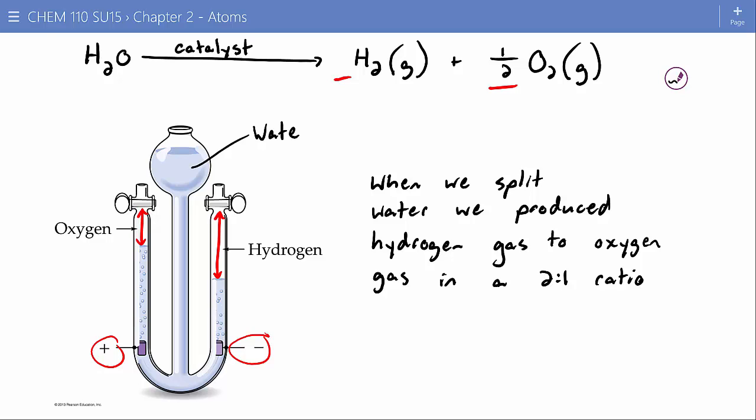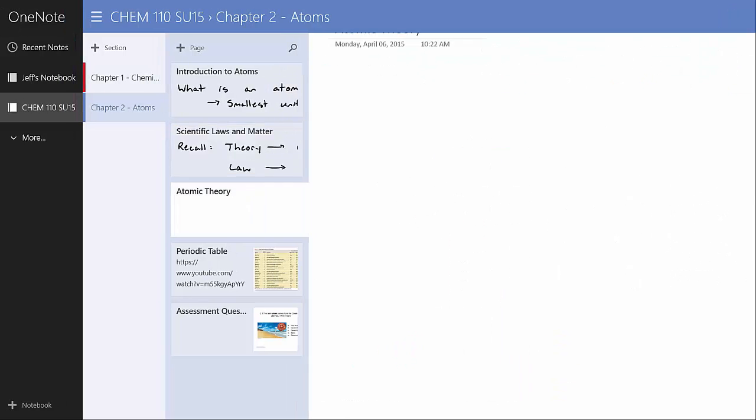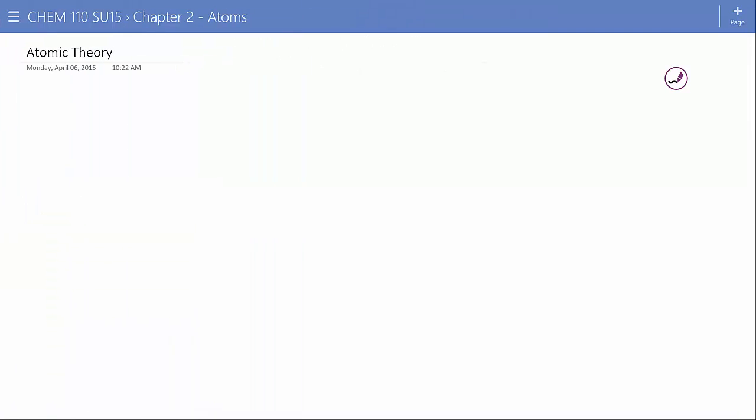All right. Now let's talk a little bit about atomic theory. Atomic theory basically explains the inner working of atoms. And the atomic theory was developed by John Dalton in 1803.